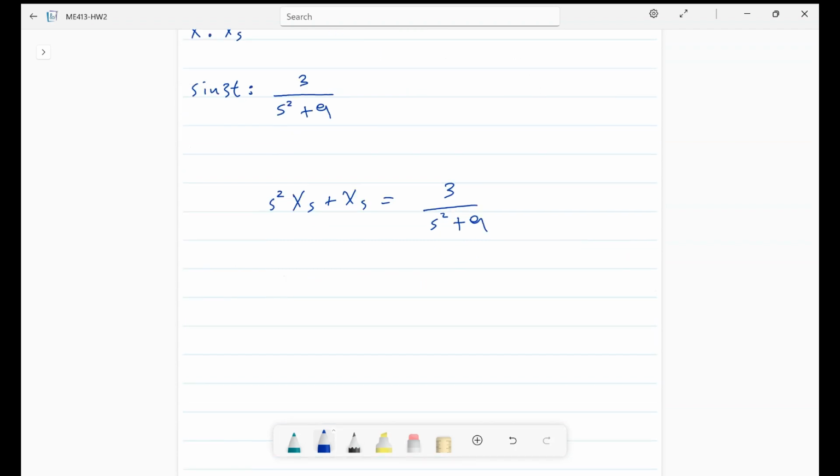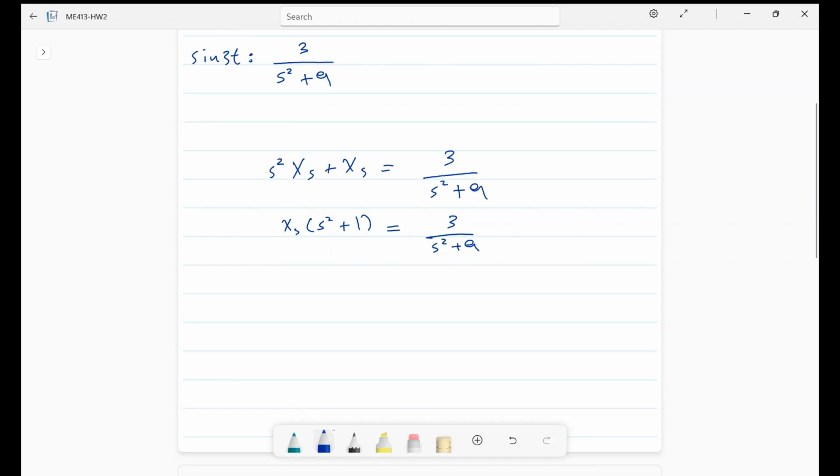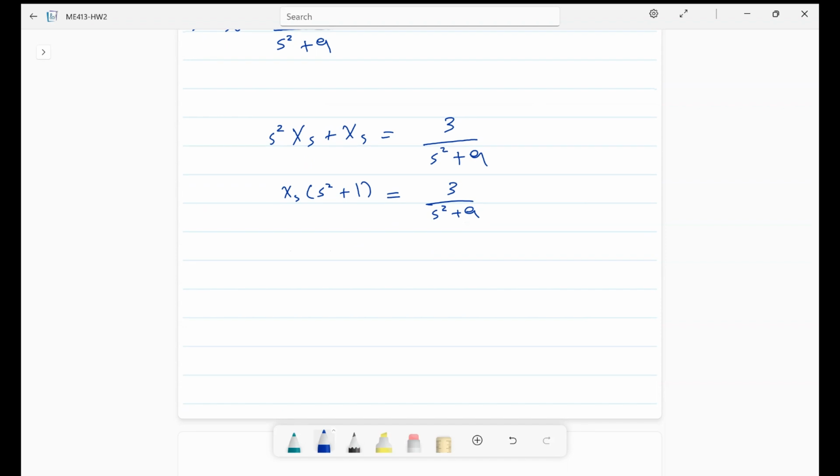Now we take X(s) as a common factor and we end up with s squared plus 1 equals 3 over s squared plus 9, dividing both sides by s squared plus 1. So we will have X(s) equals 3 over s squared plus 9 times s squared plus 1.